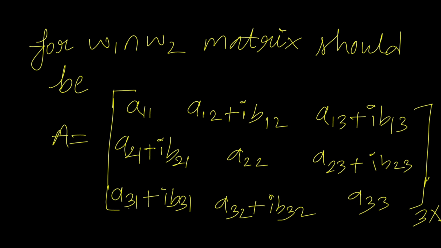We get the dimension of W1 intersection W2 with the help of pivots and free variables.